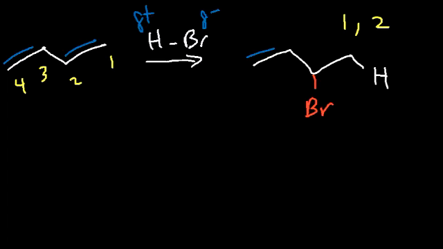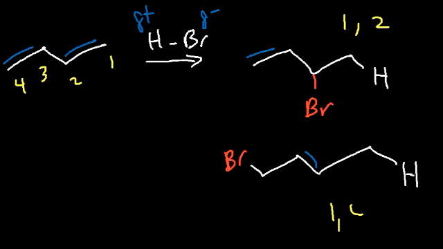Now to draw the 1,4, the hydrogen is going to remain on carbon 1, and the bromine atom is going to move to carbon 4, and the double bond is going to be between 2 and 3. So this is the 1,4 addition product. Now usually the 1,2 addition product is the kinetic product, and the 1,4 product is the thermodynamic product.